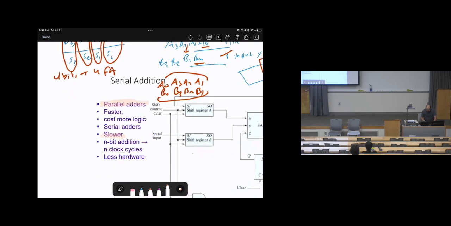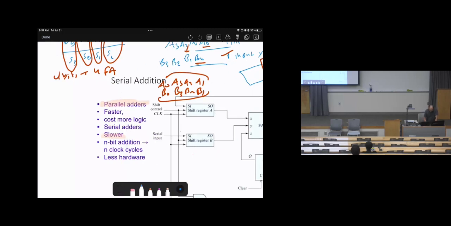So the first approach, called parallel adders, is fast. But it costs a lot, more logic. We need 4 full adders if we are dealing with 4 bits. How about 5 bits? How about 6 bits? How about 32 bits, 64 bits, 64 full adders?